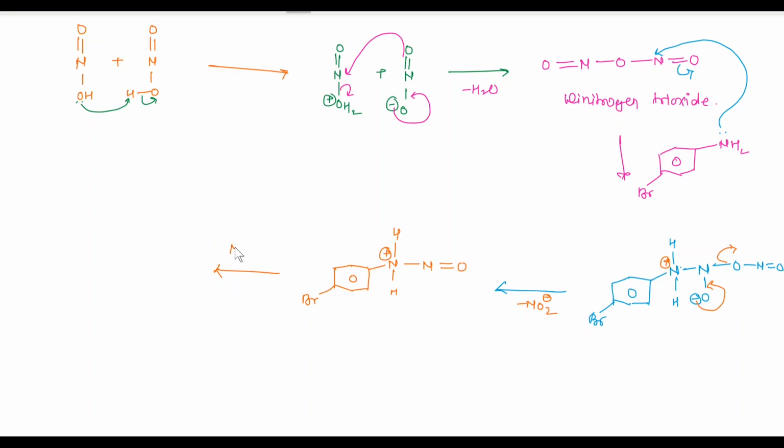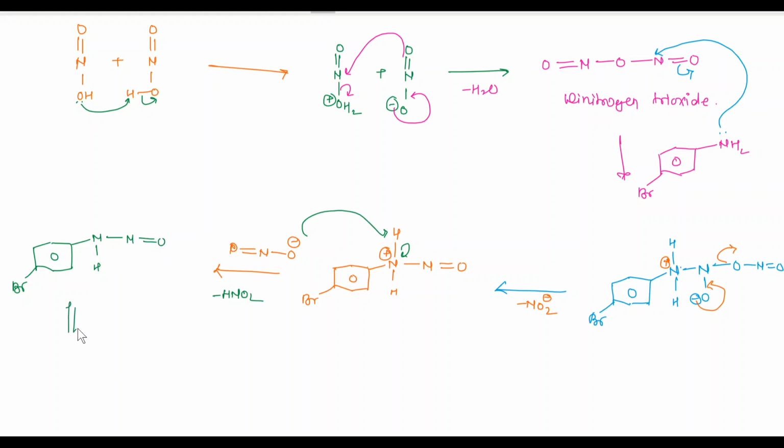In the next step, this oxygen double bond nitrogen bond oxygen carries a negative charge. This negative charge abstracts this proton, and here we get loss of HNO2 and benzene, here Br bond nitrogen bond hydrogen bond nitrogen double bond oxygen.